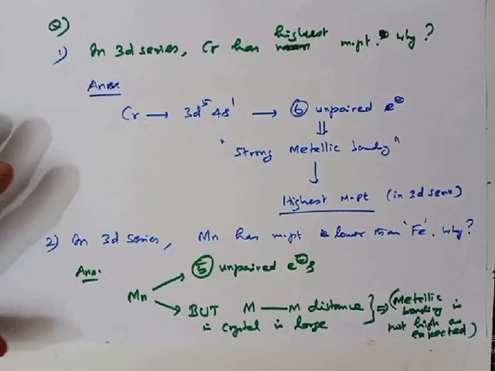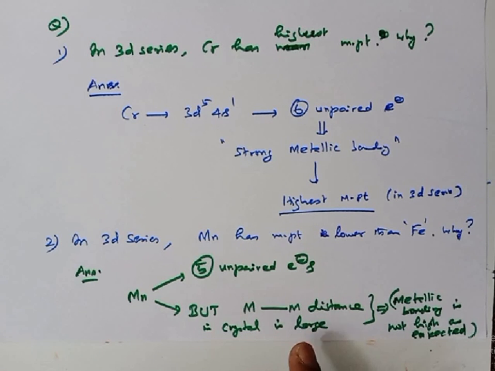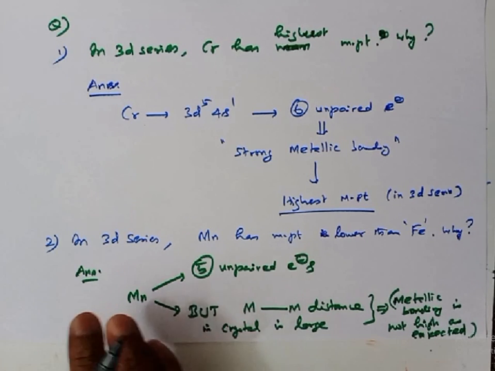Clear, student? It has 5 unpaired electrons, no doubt, but the metal distance in the crystal structure is large. Because of that, metallic bonding is not as high as expected. Therefore, manganese has a lower melting point compared to iron.